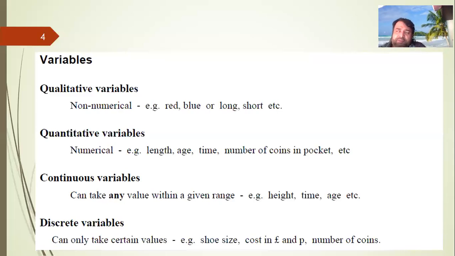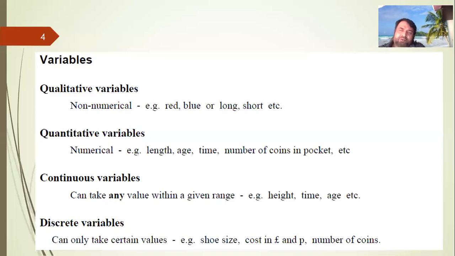For example, size number 2, size number 4, size number 6, size number 8, size number 10, but they will not make a shoe for size 2.7 or 2.8 or 3.5. So when a shoe factory makes their shoes, they follow some particular sizes, and those sizes have particular values. So shoe size is nothing but discrete data, because you cannot have any value for shoe size. They are fixed values.